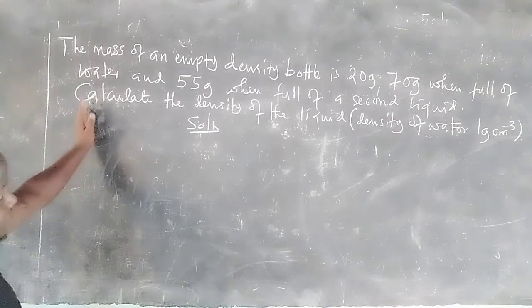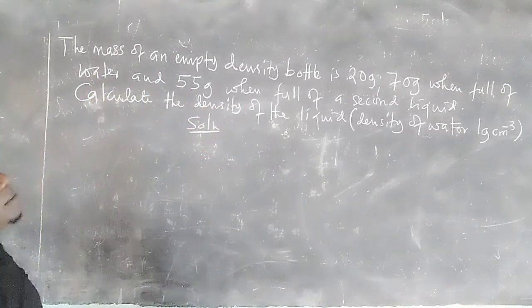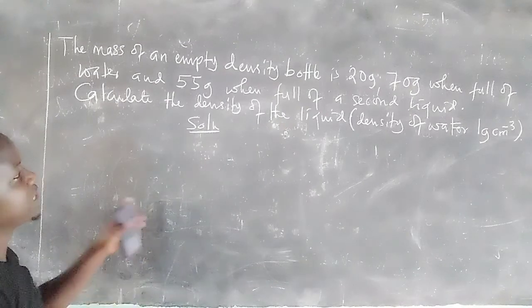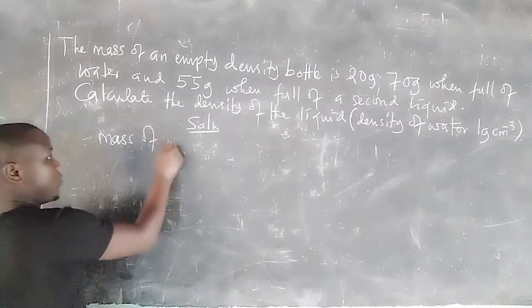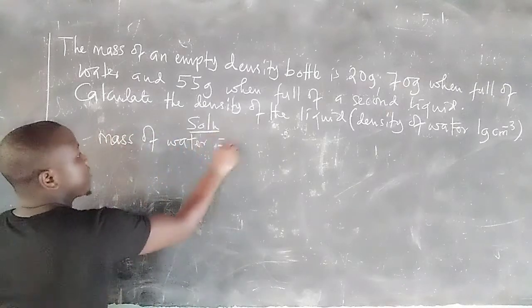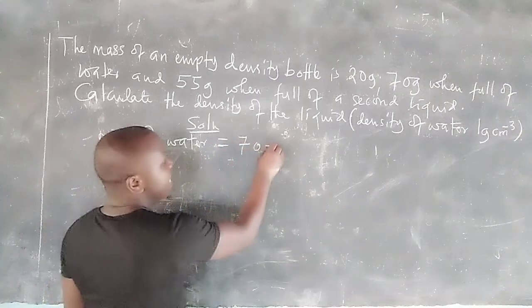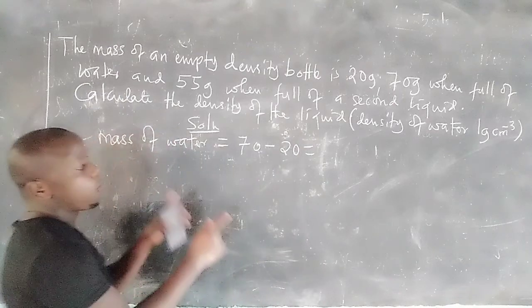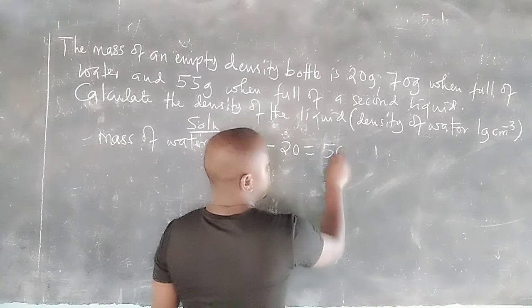Therefore, we have the mass of the empty density bottle and mass when full of water, which means we can get mass of water. Mass of water can be determined because a density bottle, when full of water, is measuring 70, and when it is empty, it's measuring 20, which means water independently measures 50 grams.